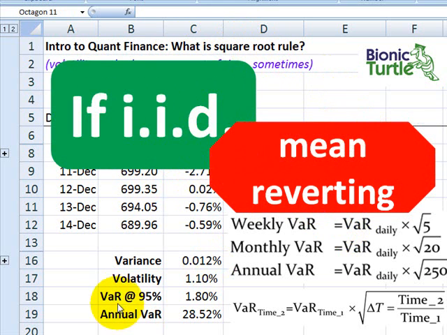And in fact, Linda Allen says in one of her assigned readings for the FRM, she asserts something that has empirically been shown. Long-run volatility for most financial asset series, like a stock, does exhibit mean reversion. So right away, technically speaking, we violated one of the conditions for the application of the square root rule.